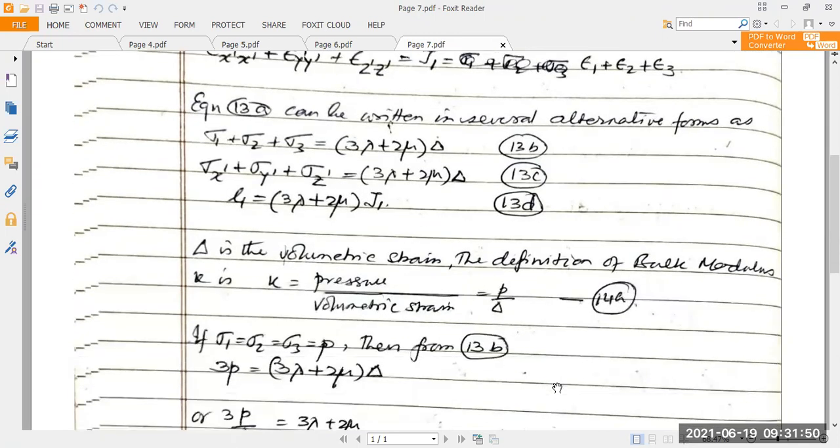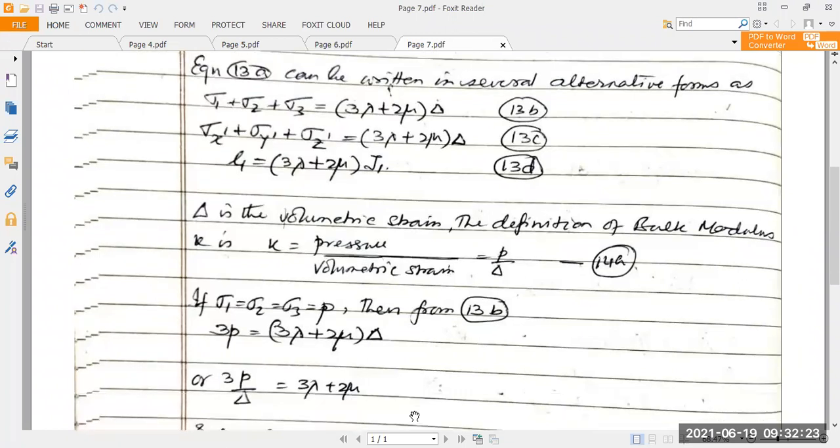The definition of the bulk modulus is K, given as pressure divided by volumetric strain, which is equal to internal pressure divided by delta itself. And if you say the internal pressure P is equal to sigma 1, which is equal to sigma 2, which is equal to sigma 3, then equation 13b becomes 3 into P equals 3 lambda plus 2 into mu times delta itself.